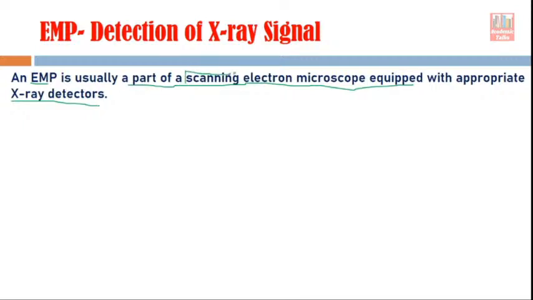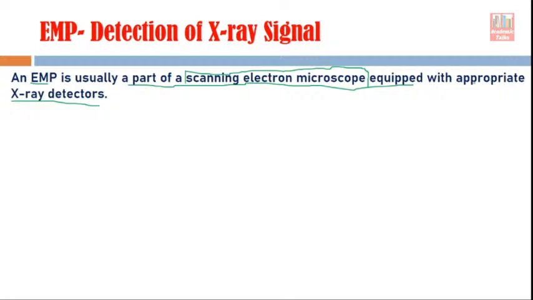What was present in the scanning electron microscope? The first requirement is that ultra high vacuum is necessary, because we are working with an electron beam. We have to produce the electrons, focus them, and scan them on the sample surface, and the signal which comes out because of this interaction also has to be transported to the detectors, and we have to avoid contamination. So we need ultra high vacuum conditions for the implementation of electron microprobe equipment also.